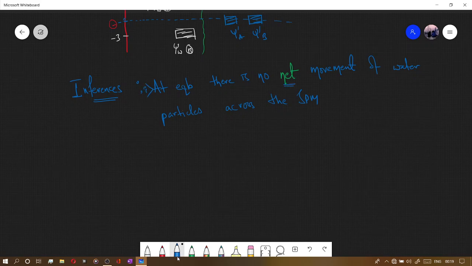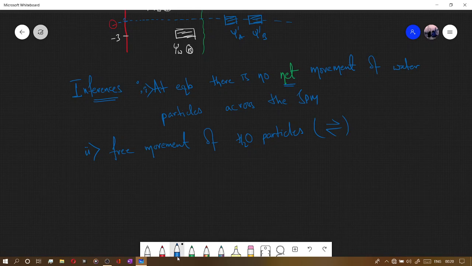Let me number it. Number two is free movement of water particles. That is the dynamic equilibrium thing. Free movement of water particles. You can represent it with this sign.